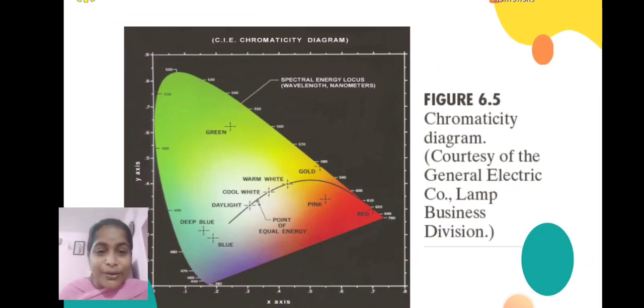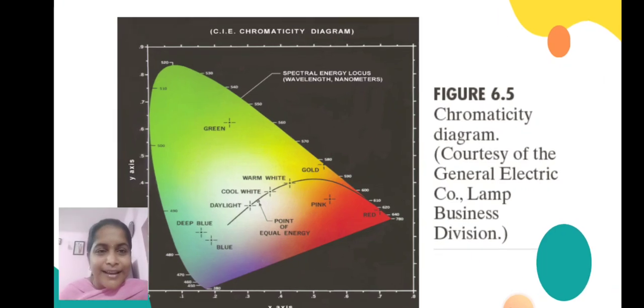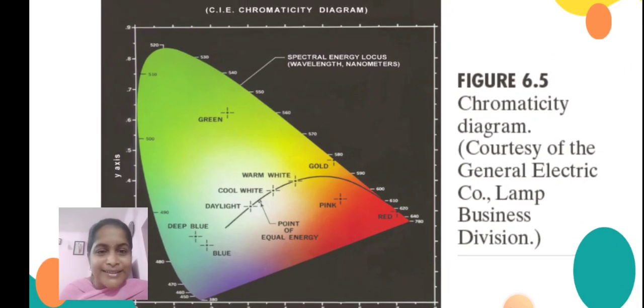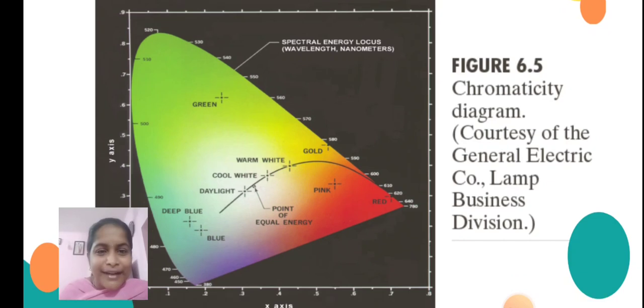Actually, the colors are combinations of primary colors RGB and CMYK. In the color image, the colors are differentiated by adding white or black.